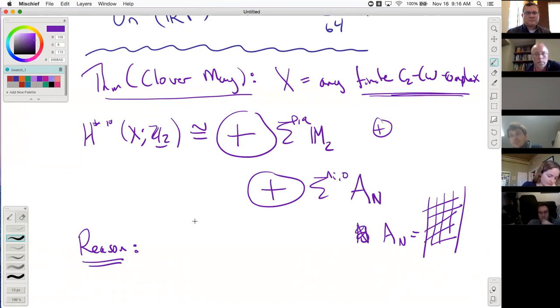So what happened was that Eric Hogel and Clover May were learning about Cronholm's theorem. They were reading his proof, and they found a gap. There was a very subtle gap in the argument that all the rest of us had missed. And so they found this gap and gradually convinced me that it was a problem.